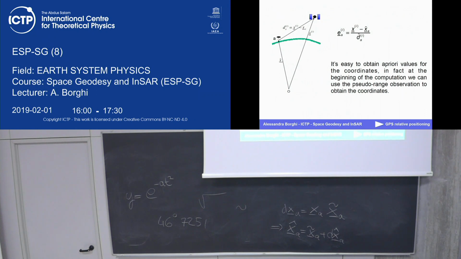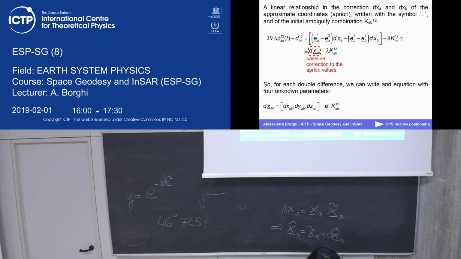And, okay. In fact, we need to compute the linearization, so we need coordinates, and we can use a pseudo-range observation.